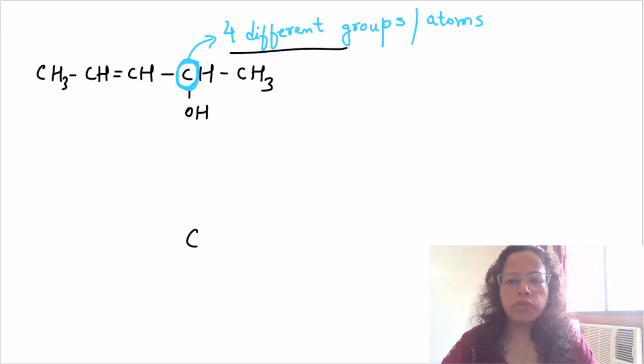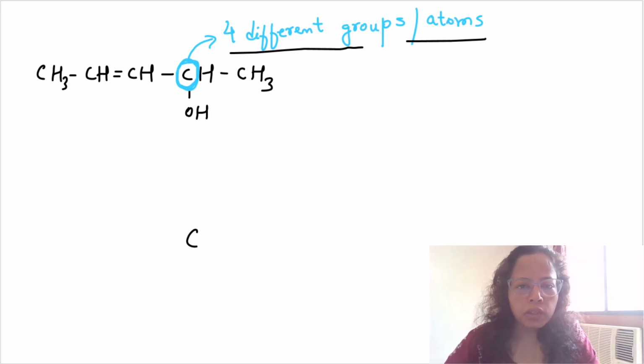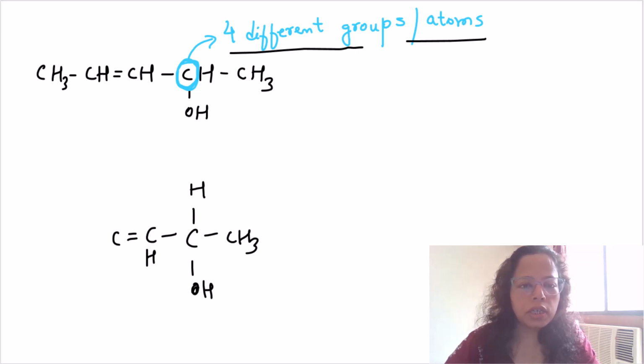We have one hydrogen, then CH3, then OH, and the rest of the group is this part, the doubly bonded carbon part, CH=CH-CH3. So this is another group.